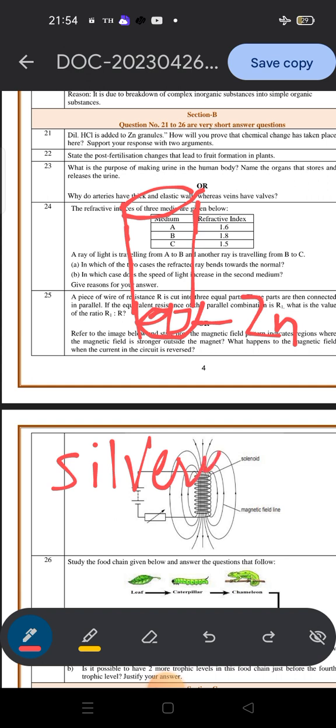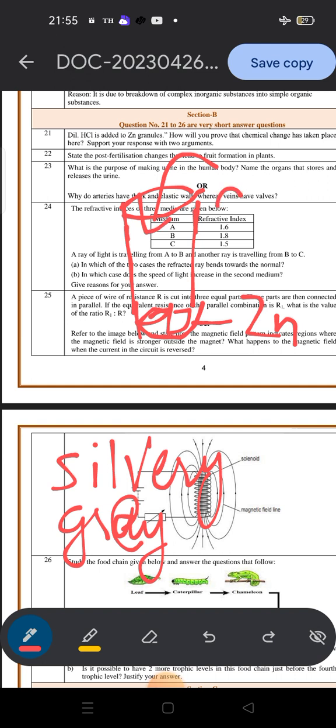So that means they are silvery gray in color before the chemical reaction. When you add few drops of dilute HCl to this test tube containing zinc granules, you can observe the following things.